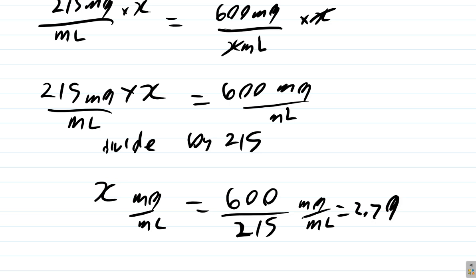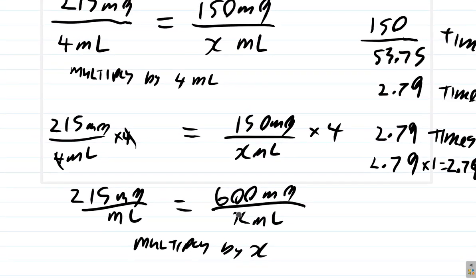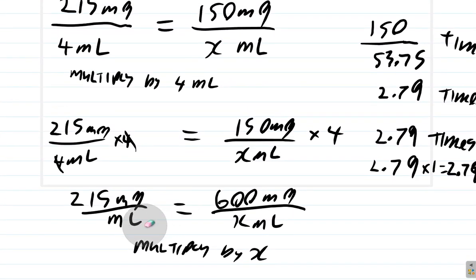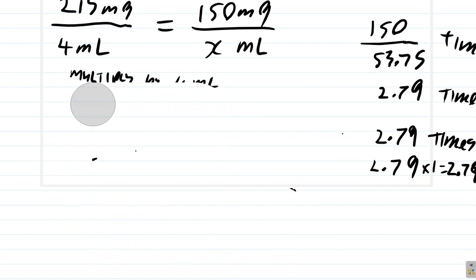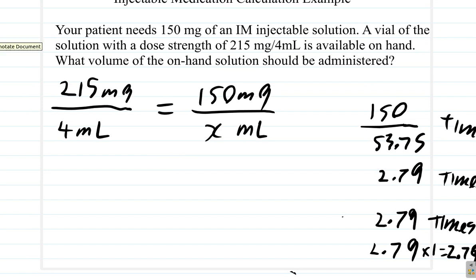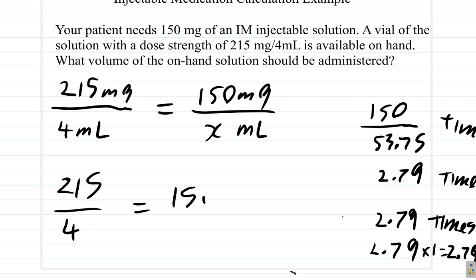Let me redo this last part, right? So without writing the units. So here now, you're doing it by ratio. You have 215 milligrams in 4 milliliters. It's just that I don't write the units here. Equals 150 milligrams in x milliliters. All right?